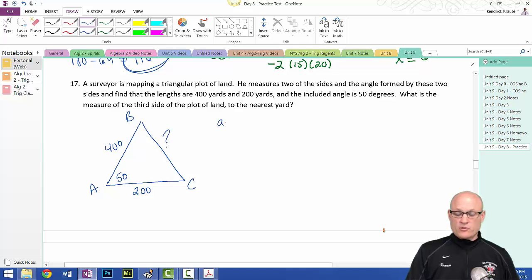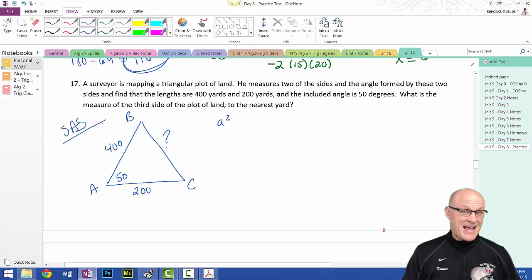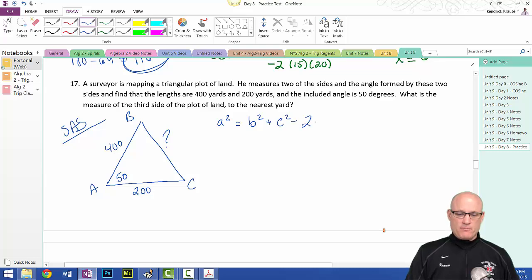So, law of cosines, classic law of cosines. We have a side, angle, side. A squared equals b squared plus c squared minus 2bc times cosine of a. And I get a squared equals 400 squared plus 200 squared minus 2 times 400 times 200 times the cosine of a.